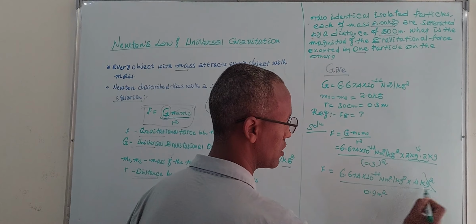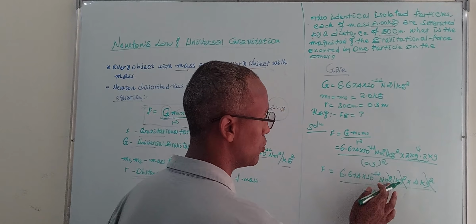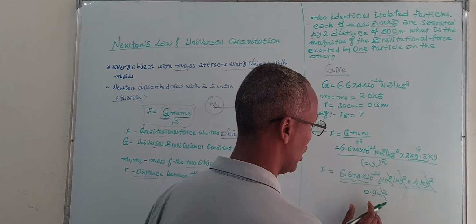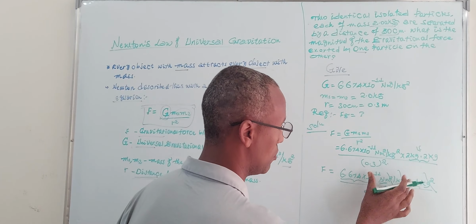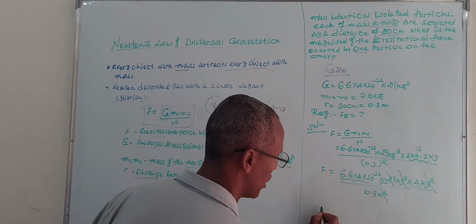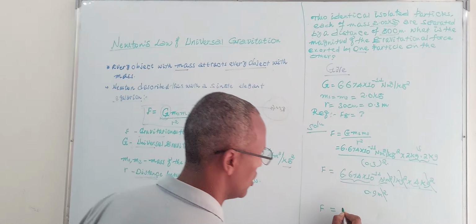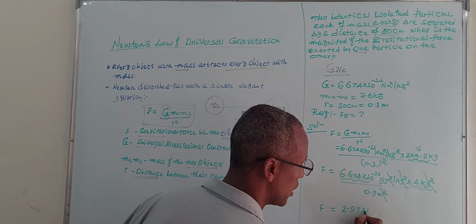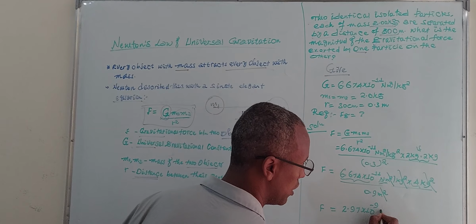This cancels with this, and this cancels with this, so you're left with Newton. Then you can multiply this with this and divide by 0.09, and then you will get the universal gravitational force equal to 2.97 multiplied by 10 raised to negative 9 Newton.